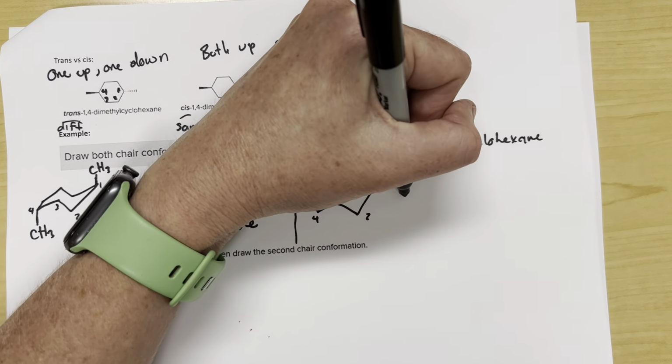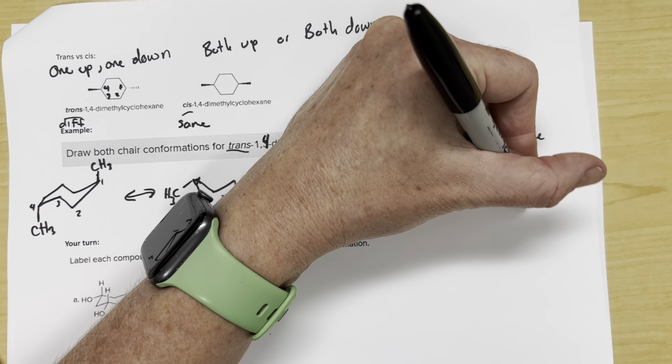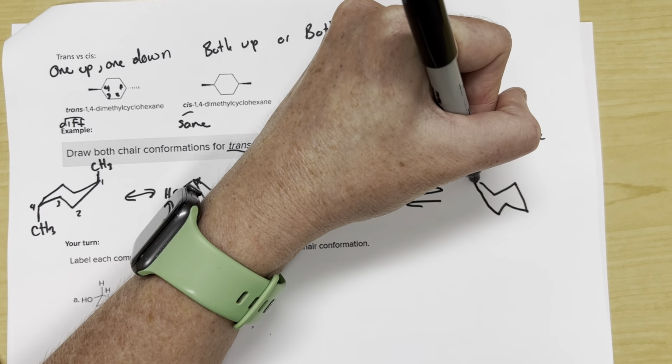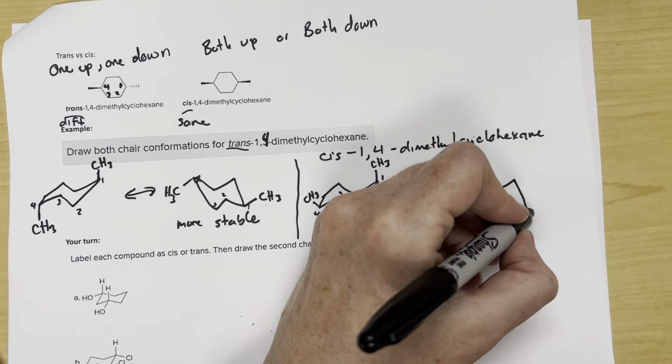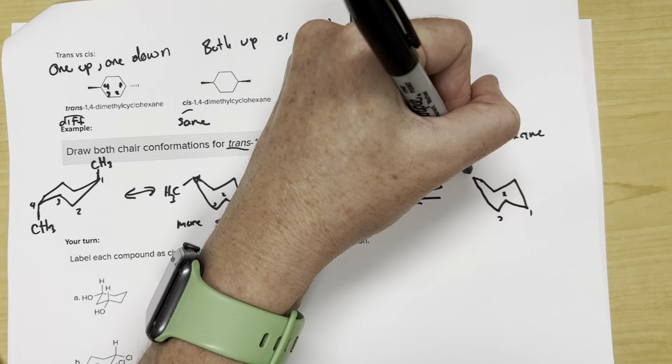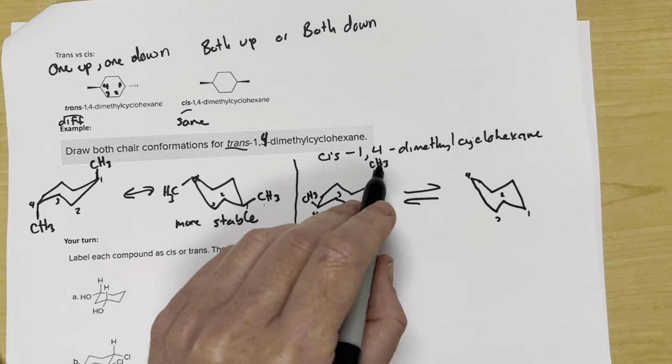All right, let's go ahead and flip that around. Draw my bad lightning bolt. This one is now this one, 1, 2, 3, and 4. Remember, what's up has to stay up.